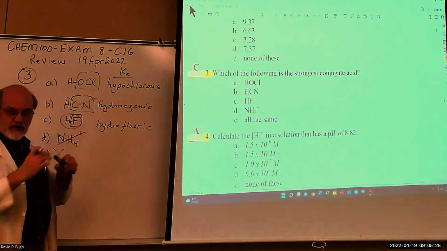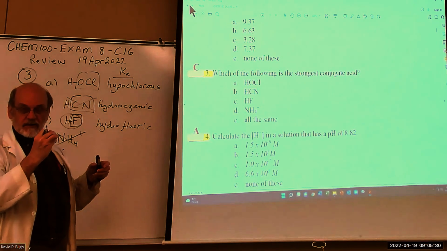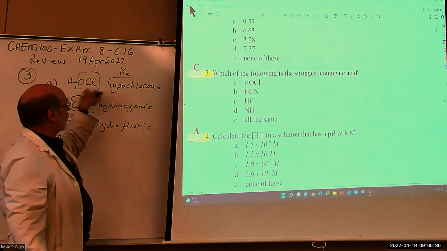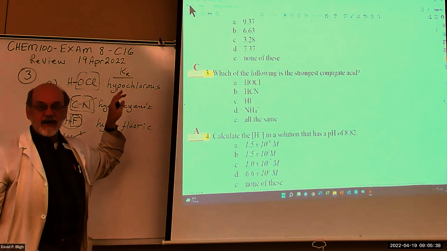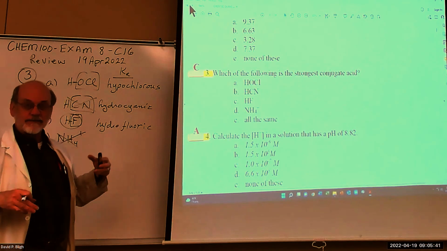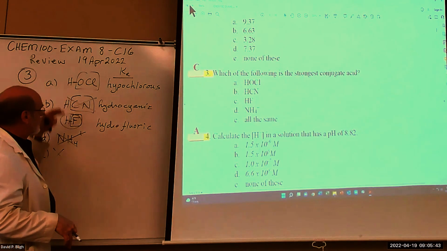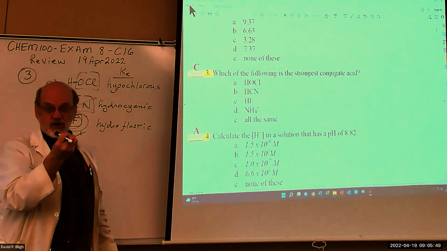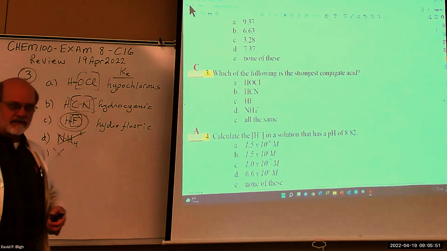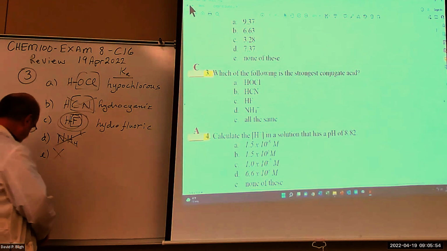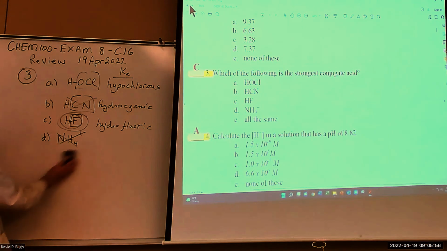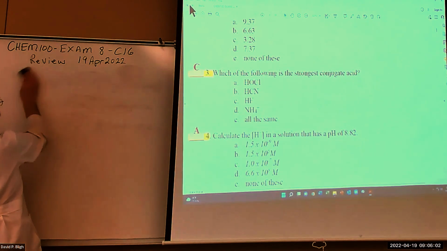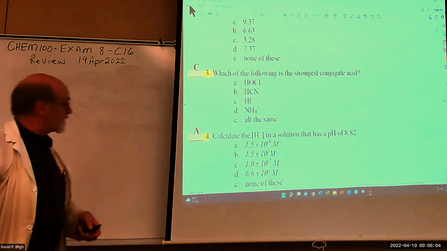So fluorine being a very small atom, and the hypochlorite polyatomic ion is much, much bigger, even if they were the same electronegativities, this one would win because it is more dense in electric charge. Okay, that's the best I can do with this one. All right, so that's why the answer is C.